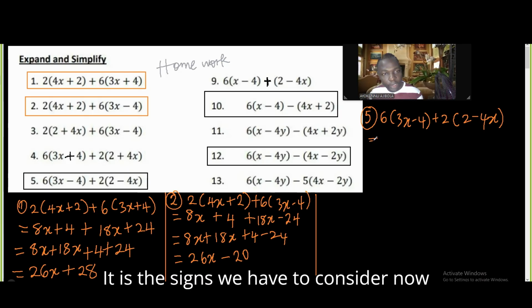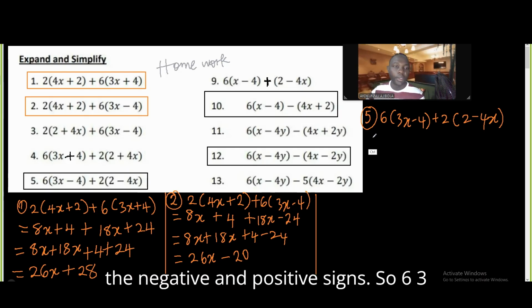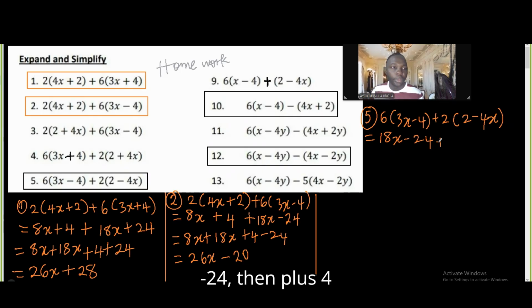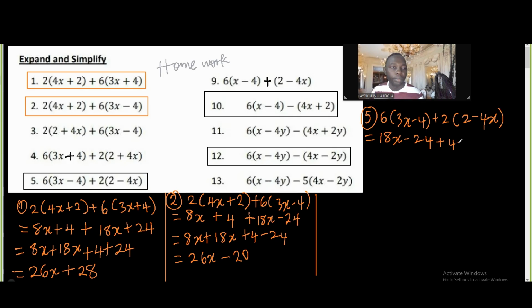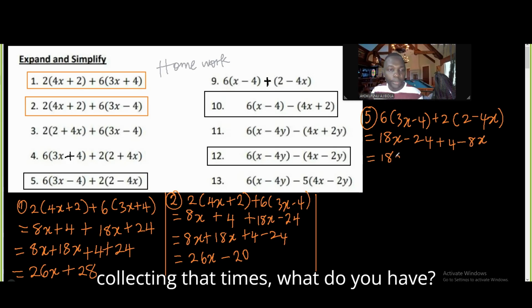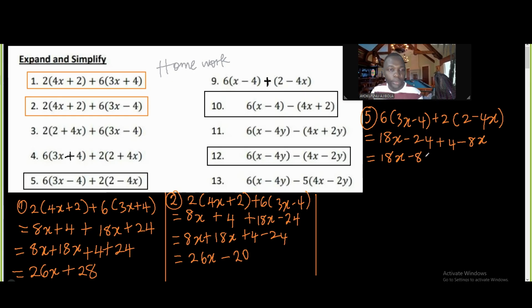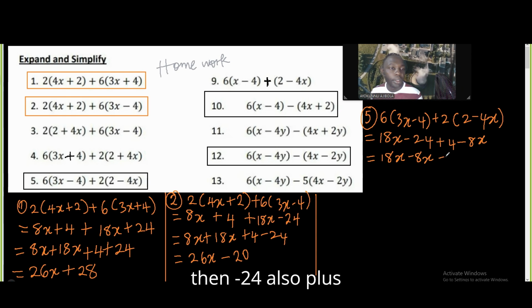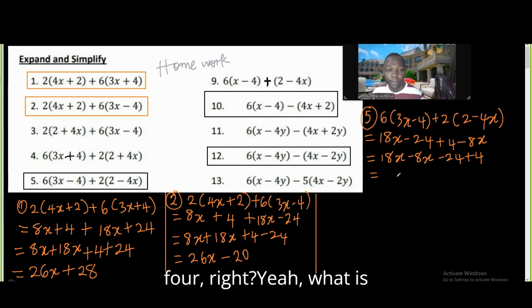It is the signs we have to consider now, the negative and positive sign. So 6 times 3 is also 18x, but this time we have minus 24, then plus 4 minus 8x. So collecting like terms, what do you have? 18x minus 8x, then minus 24 plus 4, right?